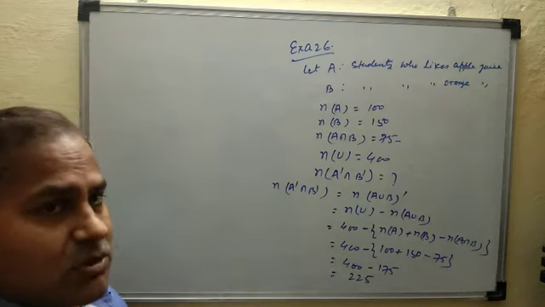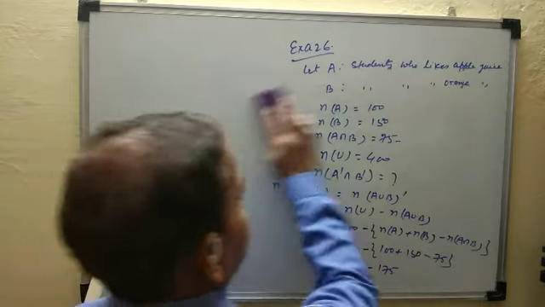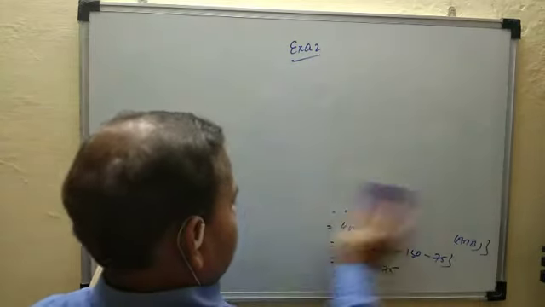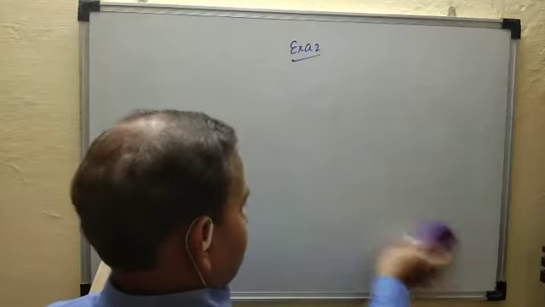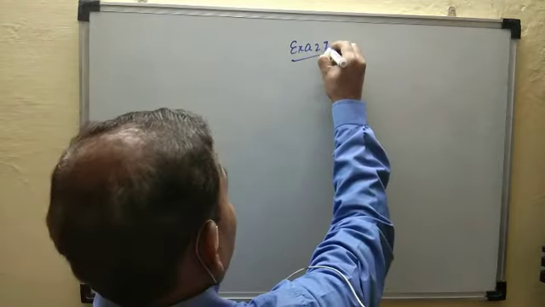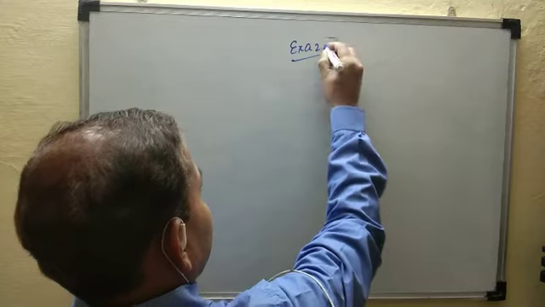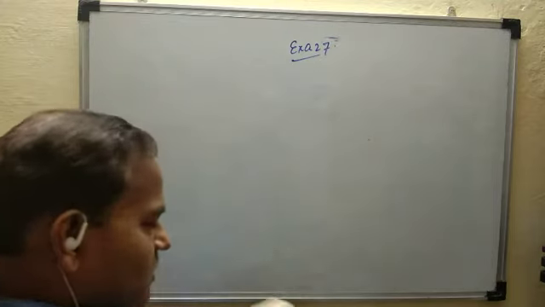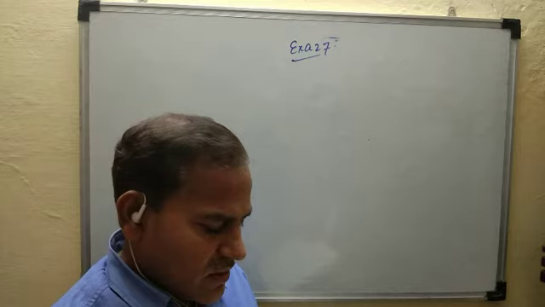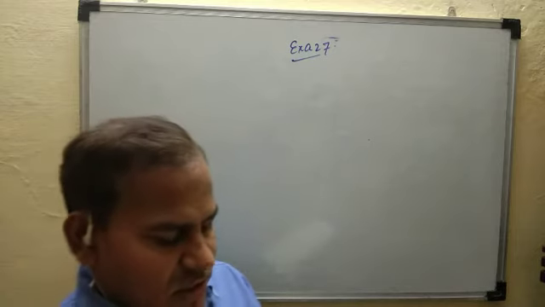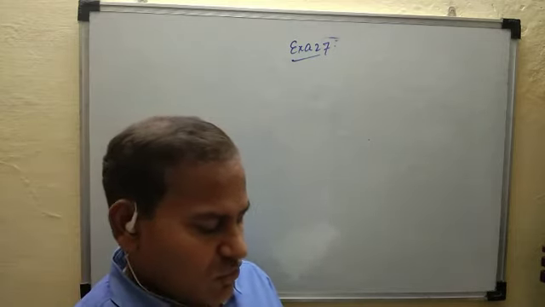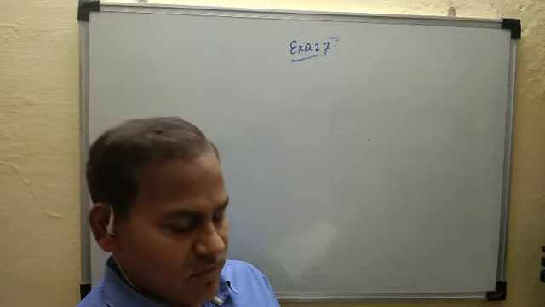Now example number 27. There are 200 individuals with a skin disorder. 120 had been exposed to the chemical C1.